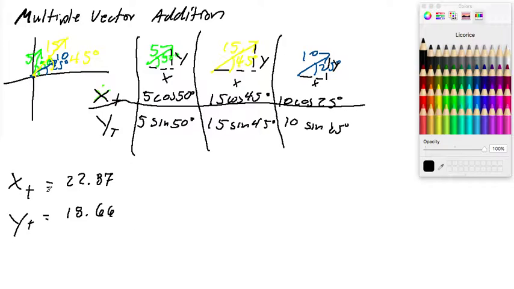So now we found our x total and our y total. Remember from our last video that to find magnitude, we do the square root of x total squared plus y total squared.